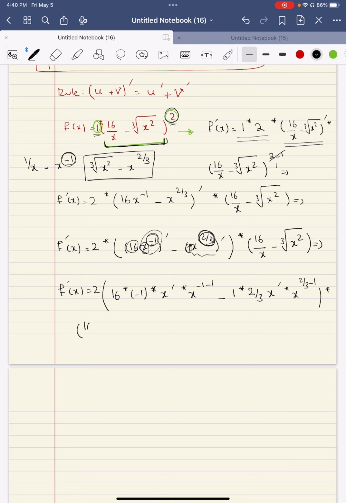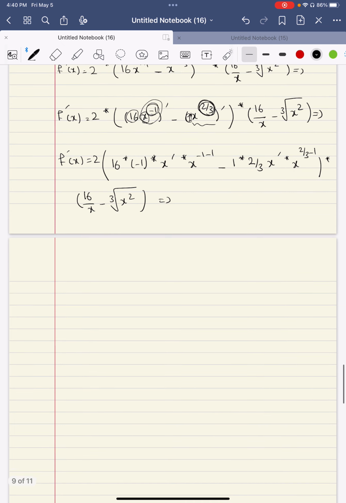Times the rest, 16 over x minus the cube root of x to the power of 2. Then let's find out the f prime x.